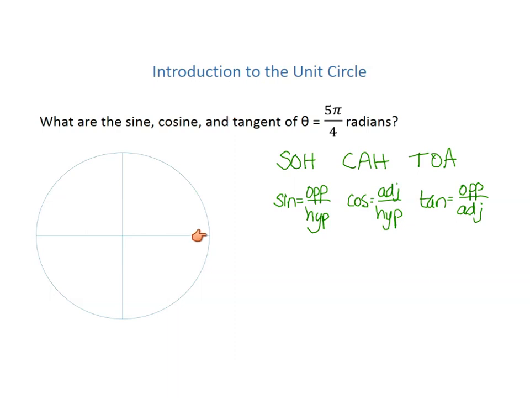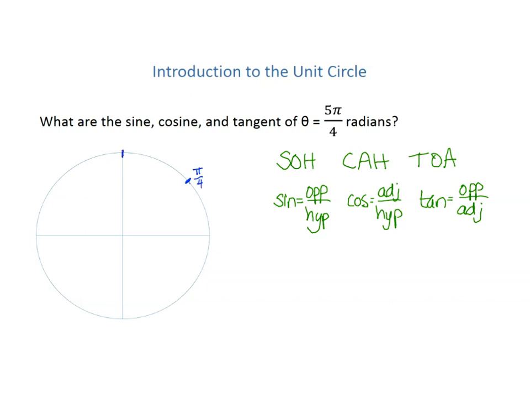So 5 pi over 4. Well, I know that this is 0. I know that right here is pi over 4. And then actually, let's just mark it out. So this angle here is pi over 4.